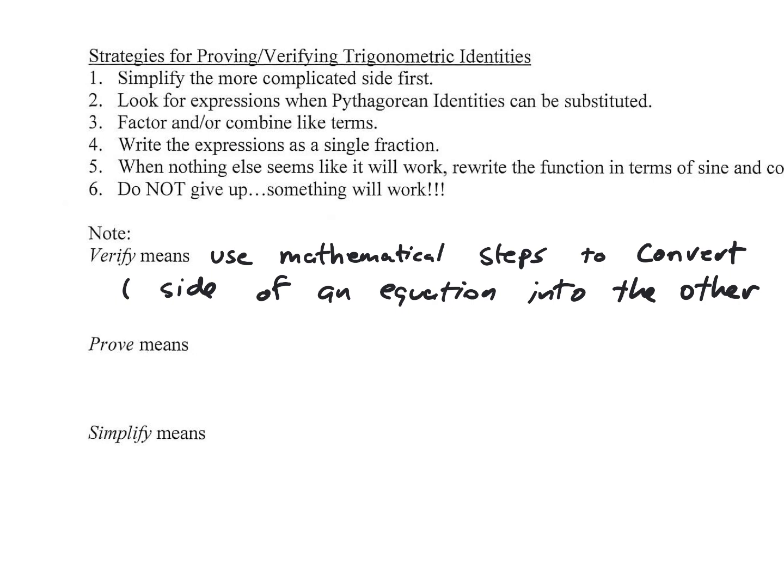And then when we prove things, we're going to do the same thing. We're going to verify. We're going to work on one side of our equation and turn it into the other.